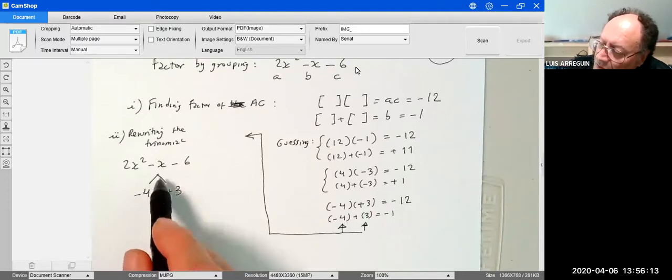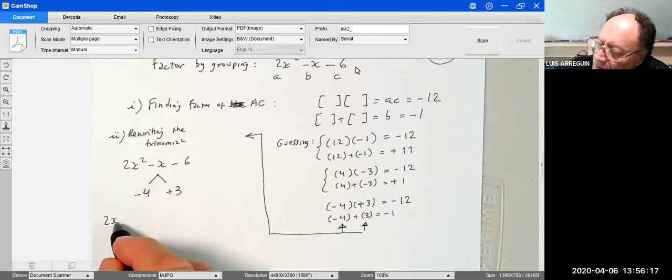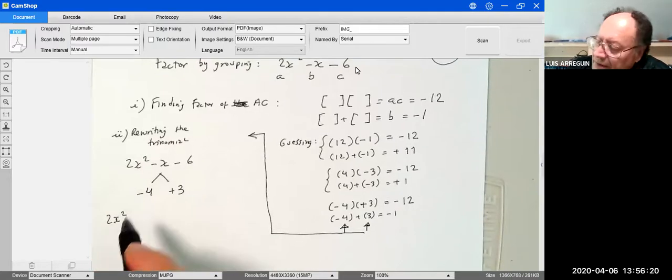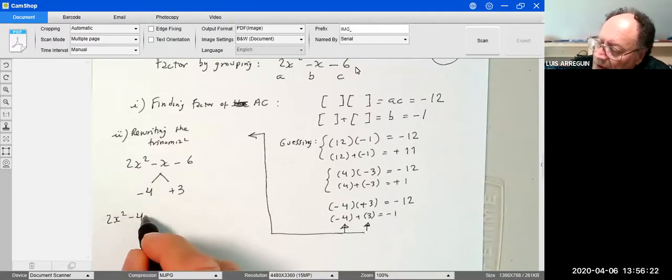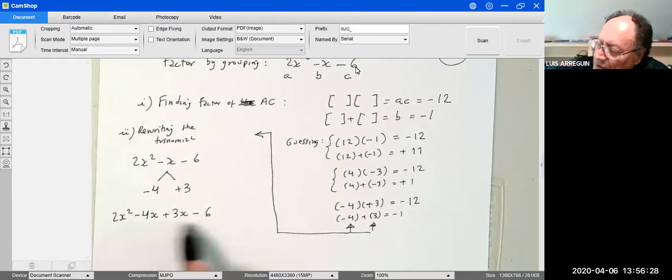And don't forget that we're going to attach the variable to this number. So this is going to be 2x squared minus 4x plus 3x minus 6. So this part is very important. Once you do this, the rest is going to be much easier.